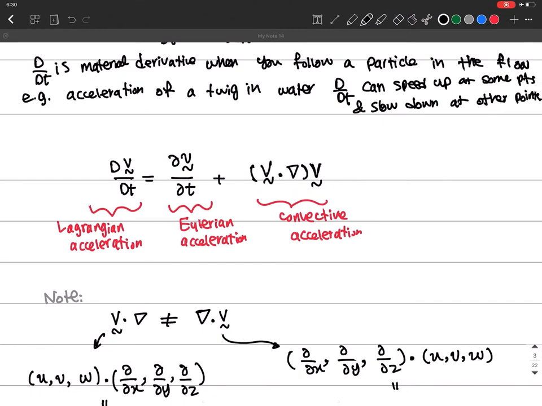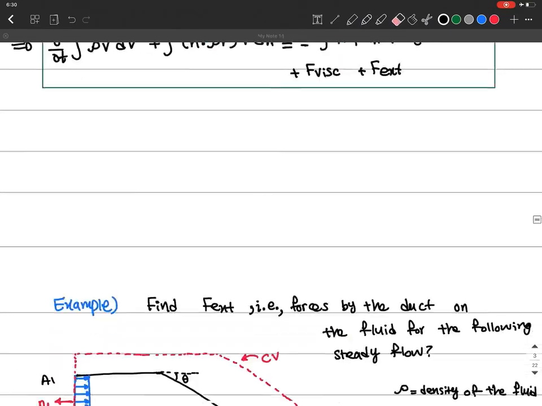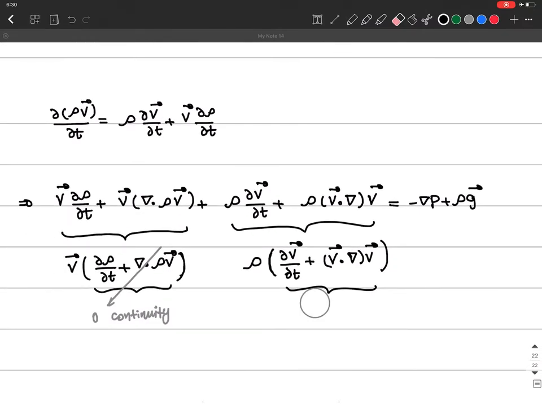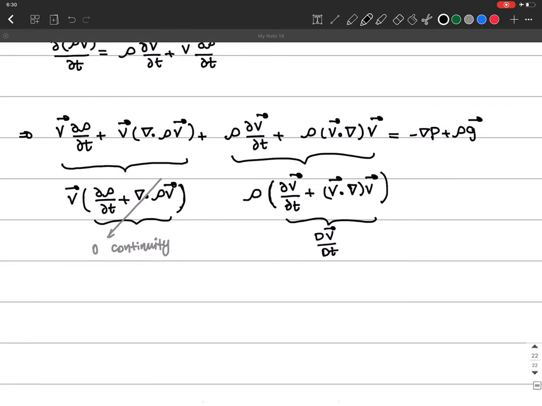It looks like this, right? So it's just the sum of the Eulerian and convective acceleration, which is going to equal the Lagrangian acceleration or material derivative of v. So it's just dv over dt.